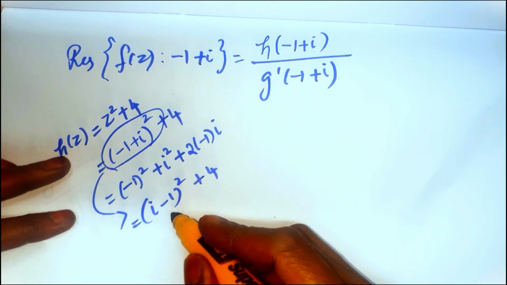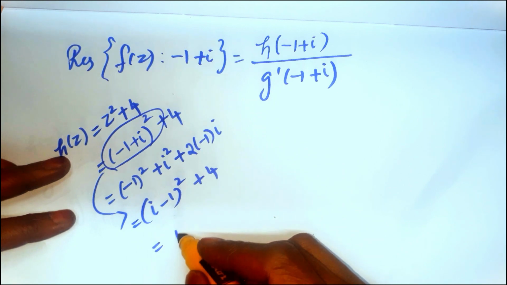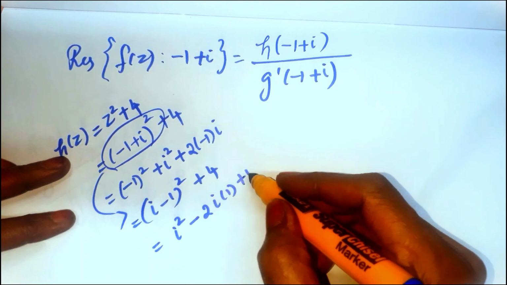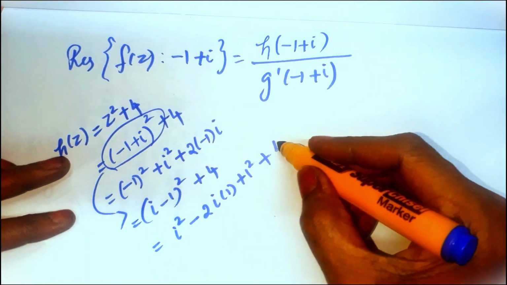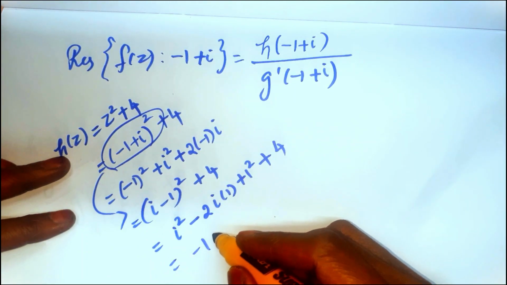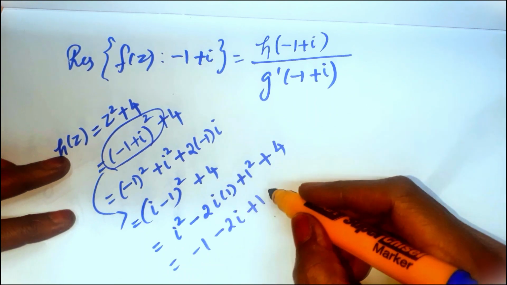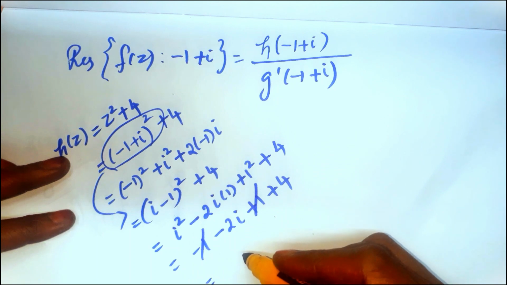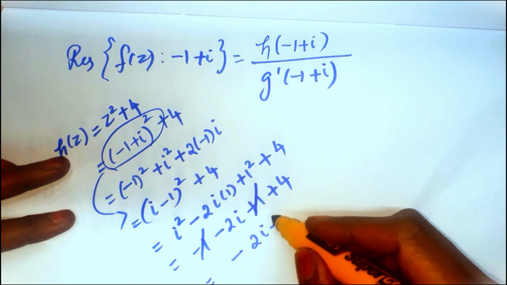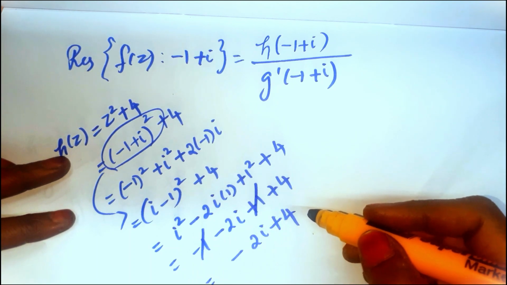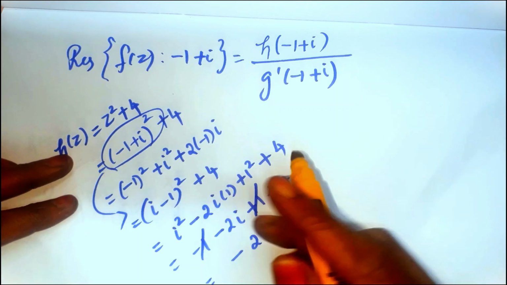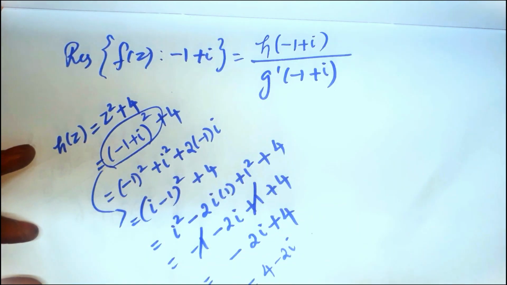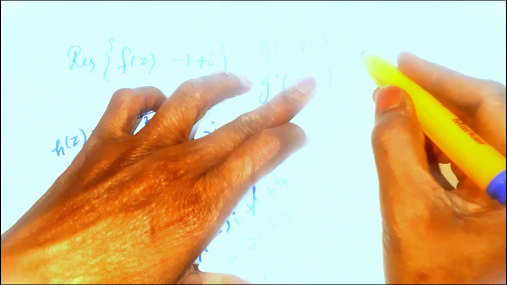Now you use the a minus b the whole square formula: a squared minus 2ab plus b squared, plus the last term 4. i squared is minus 1, minus 2i plus 1 plus 4, which is equal to minus 1 plus 1 will get cancelled, so minus 2i plus 4. So here h of z we are getting as 4 minus 2i.